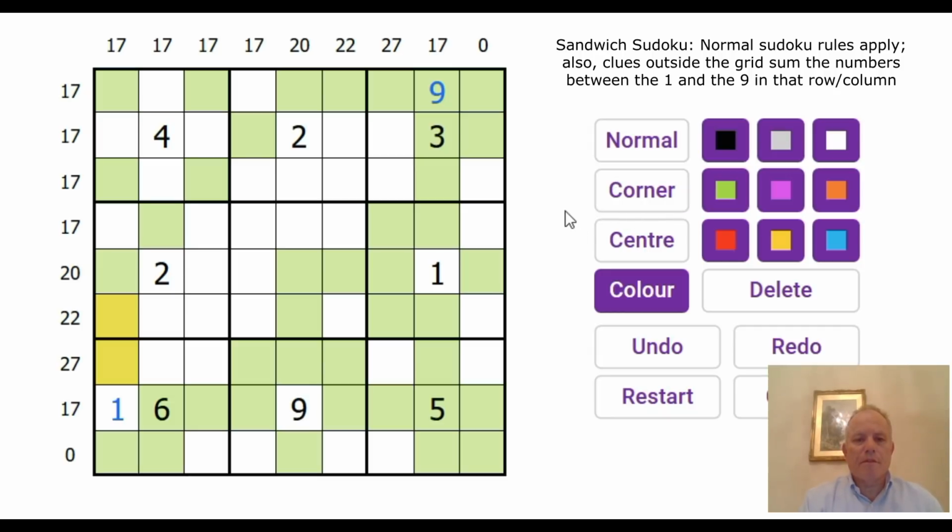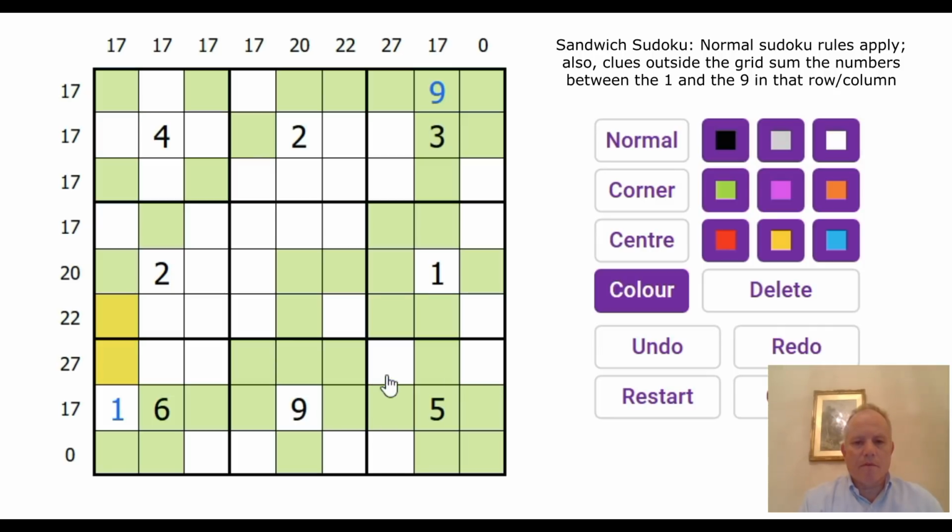Wonder what sort of symmetry the 1s and 9s will maintain, or will that be broken up at some point? Don't know yet. So that's a start with some numbers now. 9, 1, that's possible. That could be a 1, but it couldn't be a 9.